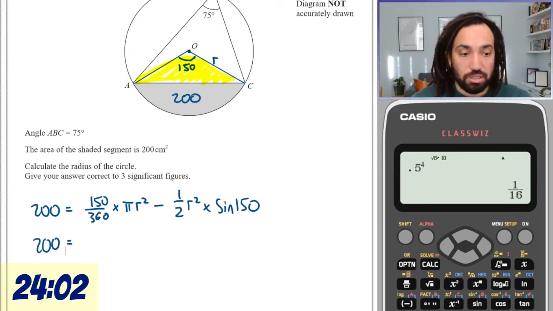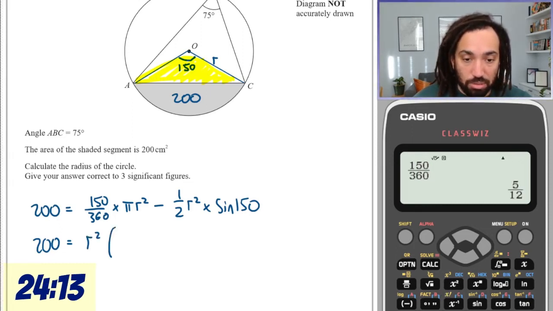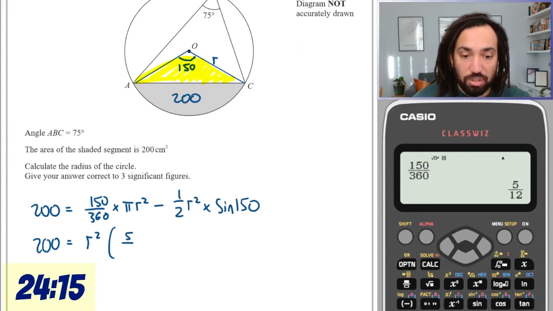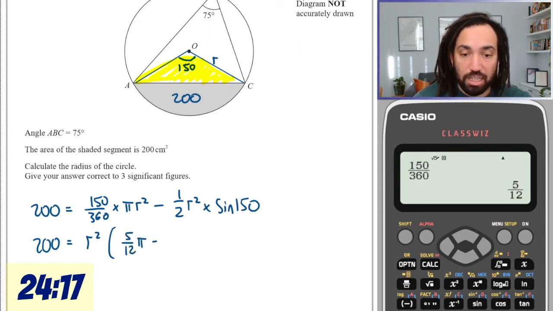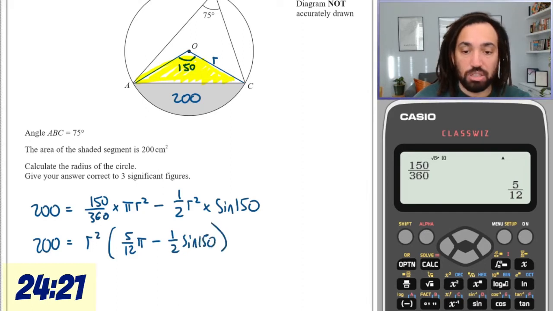Right, so let's just do a little bit of simplification. So 150 over 360 is the same as 5/12. We can take an r squared out, so it's 5/12 pi minus a half sine 150 when the r squared goes out.